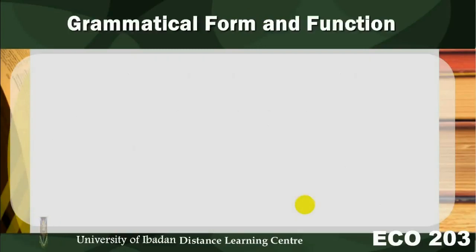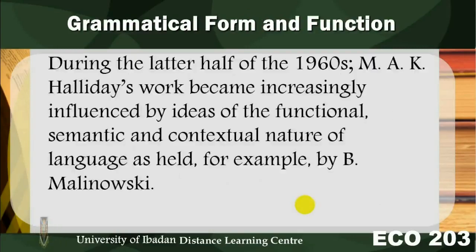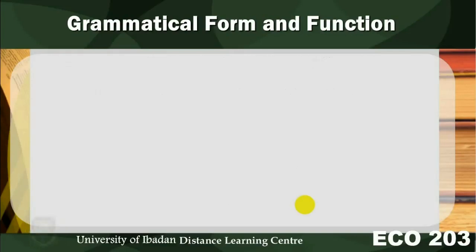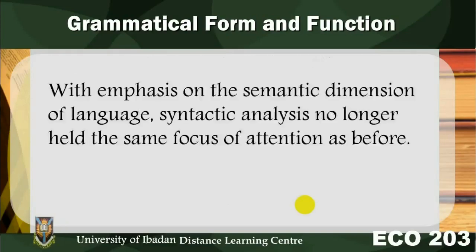Content, grammatical form, and function. During the latter half of the 1960s, M.A.K. Halliday's work became increasingly influenced by ideas of the functional, semantic, and contextual nature of language as held, for example, by B. Malinowski, with emphasis on the semantic dimension of language.